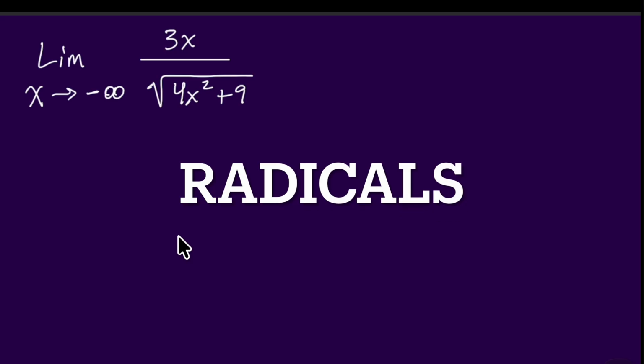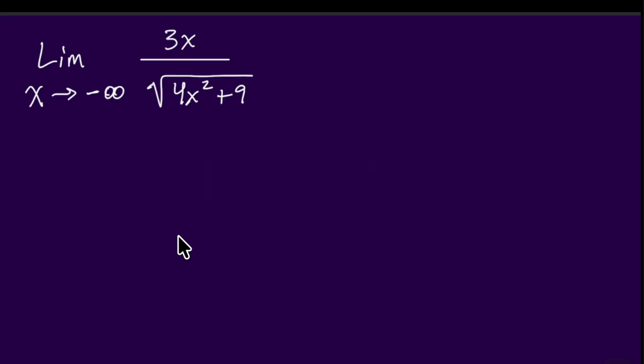Next, we have the limit as x approaches negative infinity of 3x divided by the square root of 4x squared plus 9. So folks, the fact that our domain involves negative inputs immediately alerts us that we might be inserting a negative outside this radical. And I refer you to the entire separate video on my site that discusses the intuition as to why this is so.